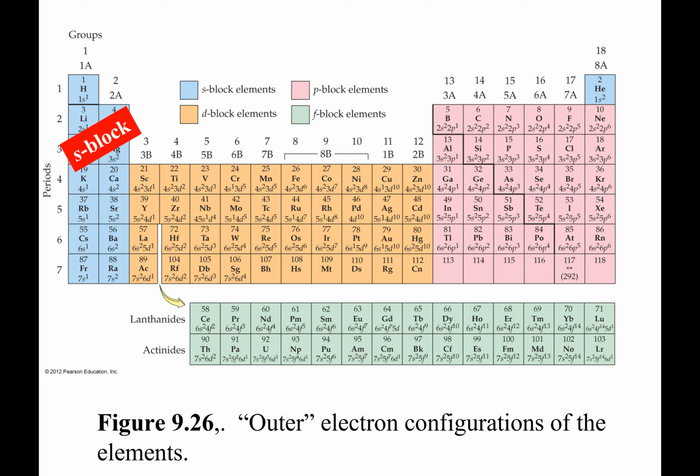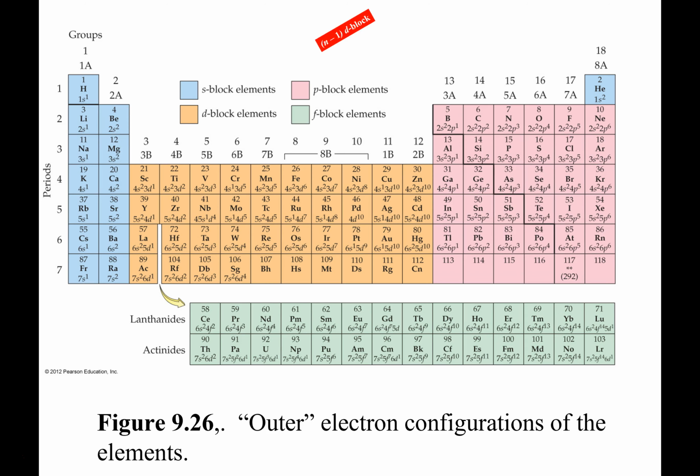Groups 1 and 2 are the S block, groups 3 through 8 the P block. As we add electrons, the last electrons to be added here will be S, the last electrons to be added here will be P.